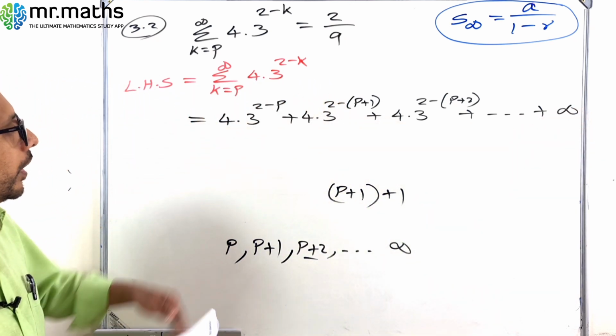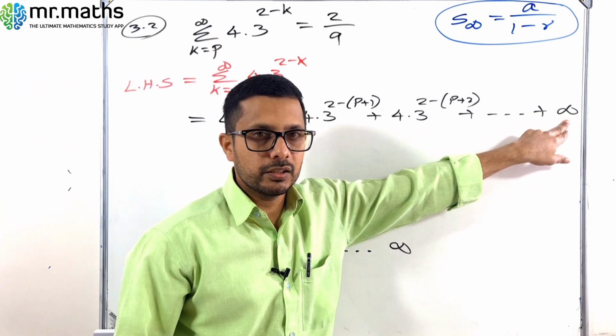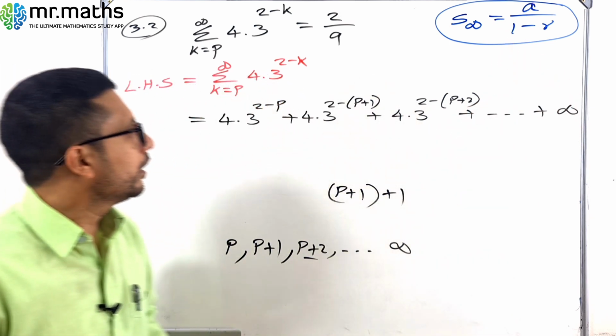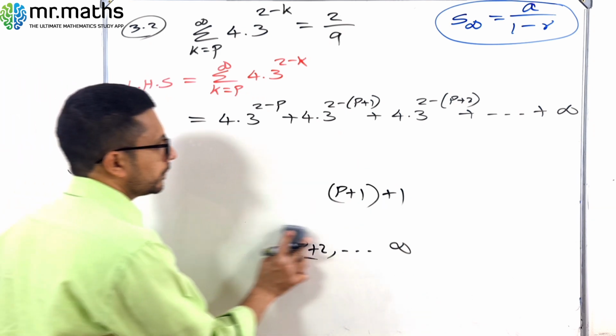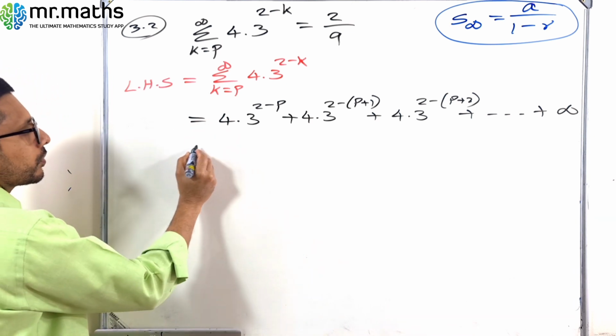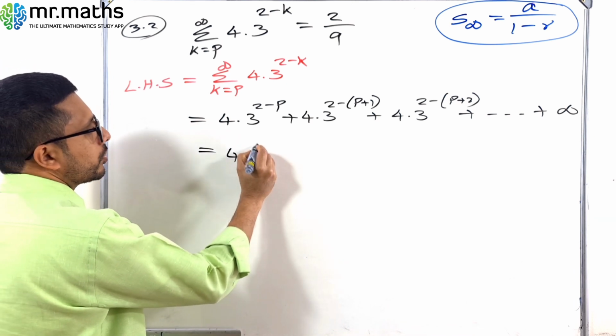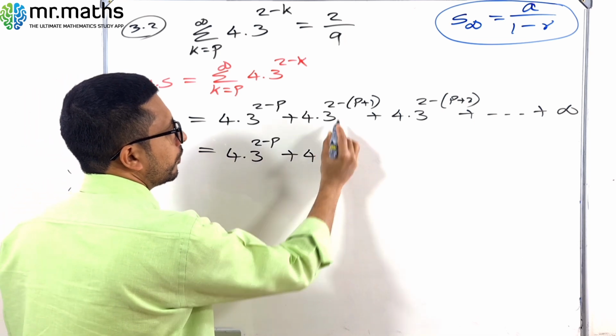Anyway, try to understand this is the sum to infinity. Don't forget that one. Now let me simplify this one more step, then after that we can do something. So this is 4 into 3 raised to 2 minus p, plus 4 into 3 raised to, what is this one, guys?